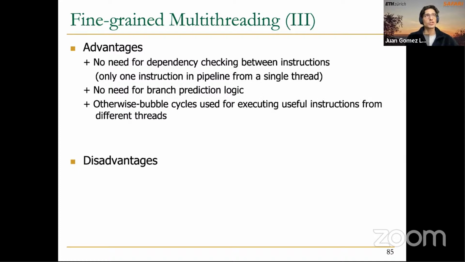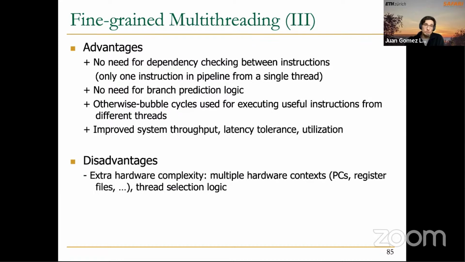There's no need for branch prediction logic, and we can use what would normally be bubbles in a conventional in-order pipeline, like the ones you may have studied in basic computer architecture courses, to issue and execute instructions from different threads. In the end, that improves system throughput, latency tolerance, and utilization.